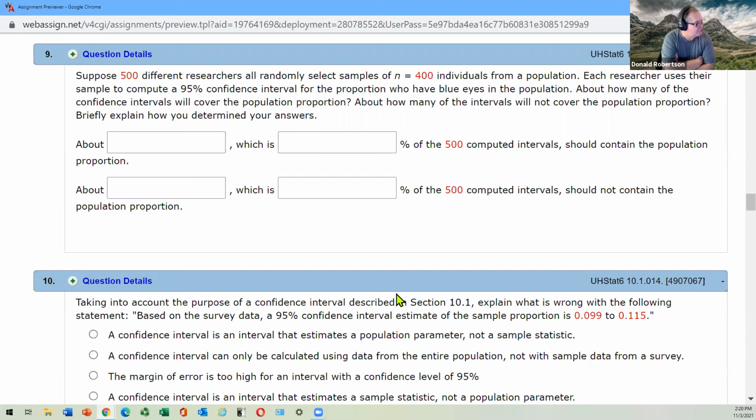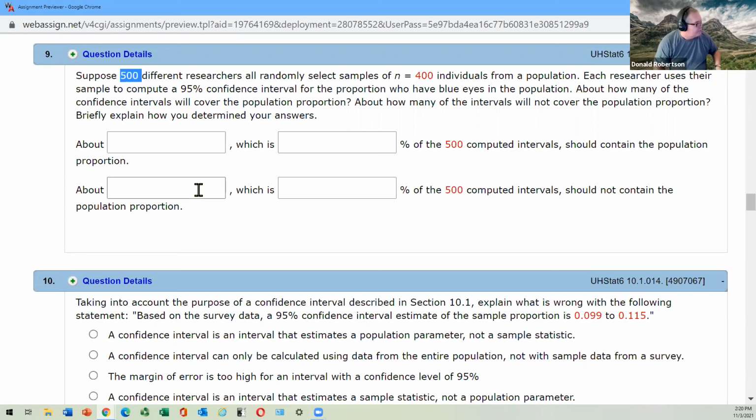About how many of those confidence intervals will actually be working? Well, isn't the answer for a 95% confidence interval that 95% of the intervals will work? Well, 95% of 500, which I can't do because it's far too late in the day, at least not successfully.